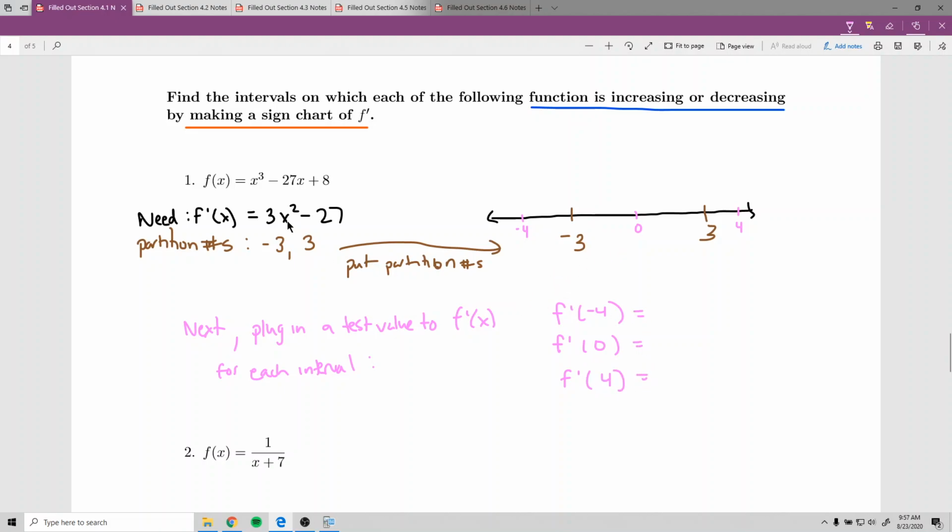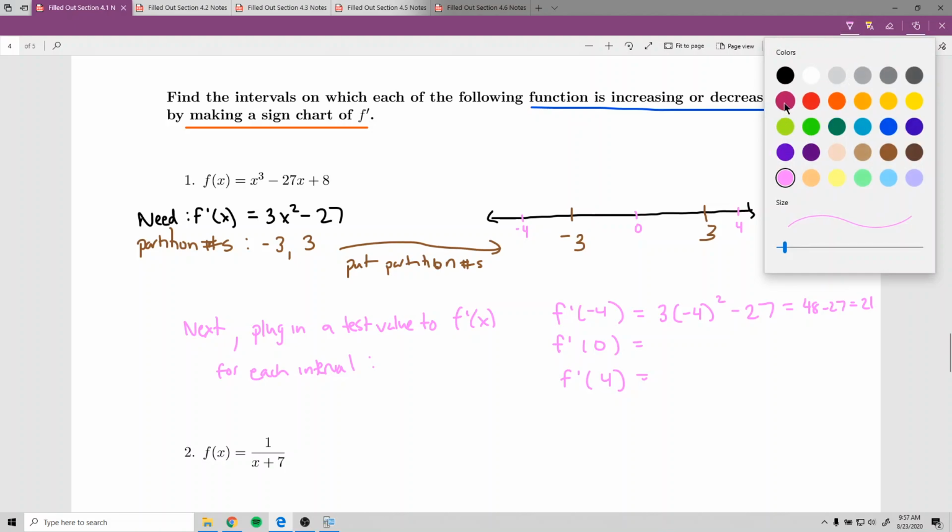All right, let's go ahead and do that. Our function derivative is right here. That's why we need that to do this part. We plug in -4. What do we get? -4 squared is 16 times 3 is 48. 48 minus 27 is 21. But what's important here is not the number specifically, it's the fact that the number is positive.